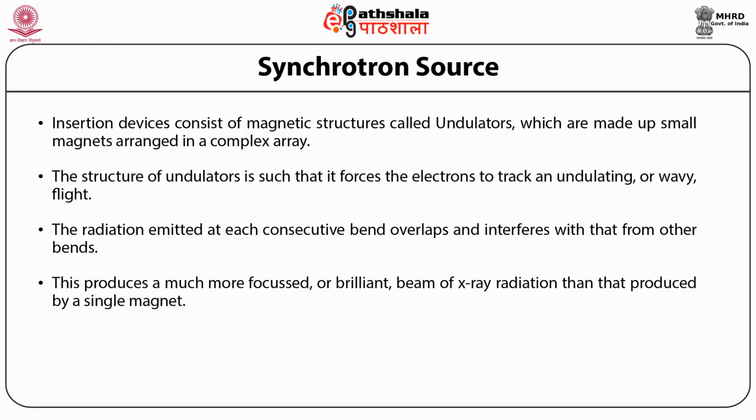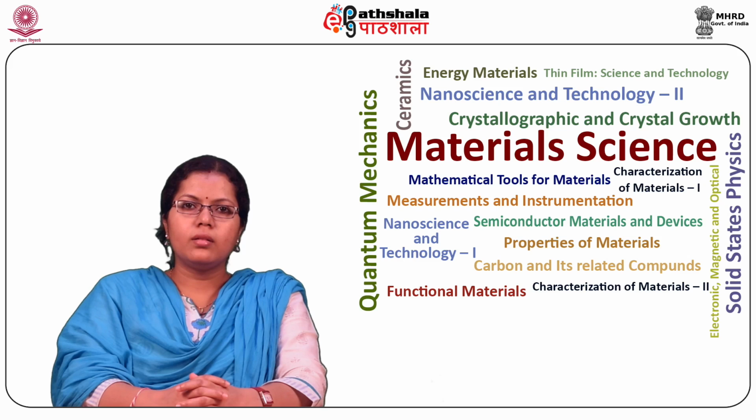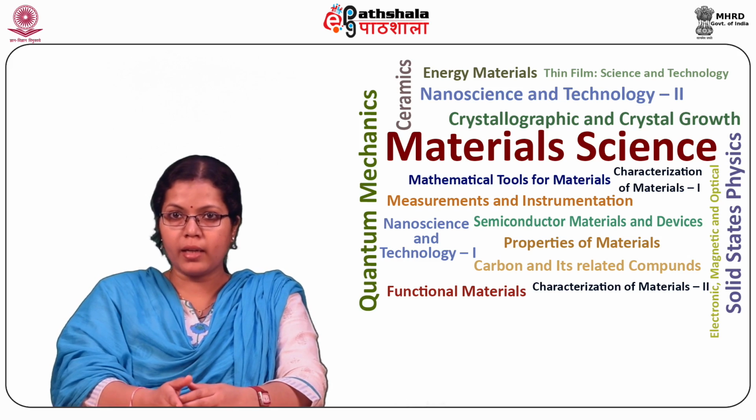This produces a much more focused or brilliant beam of X-ray radiation than that produced by a single magnet. Further, the photons so emitted are concentrated at certain energies, which are called the fundamental or harmonics. The wavelength of X-rays can be fine-tuned by changing the gap between the rows of magnets.